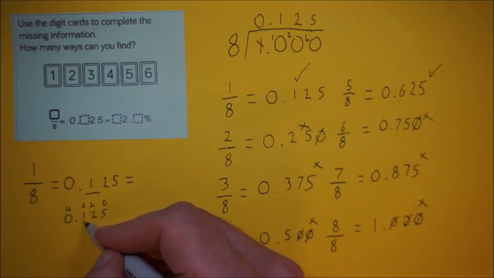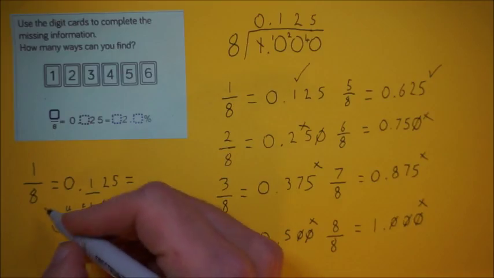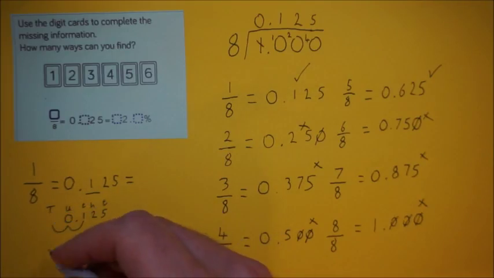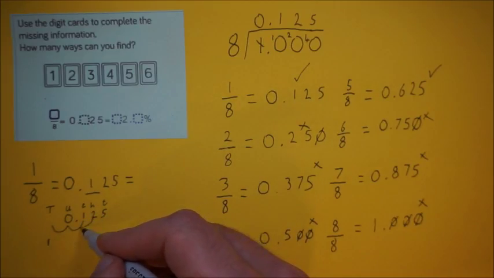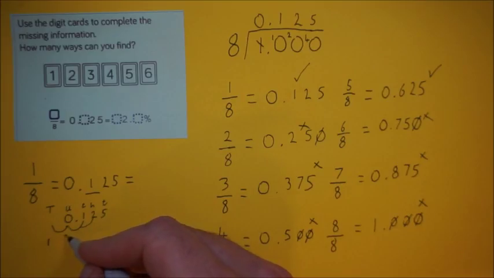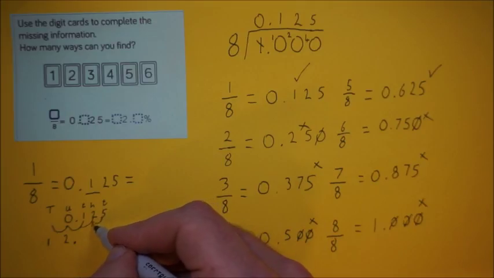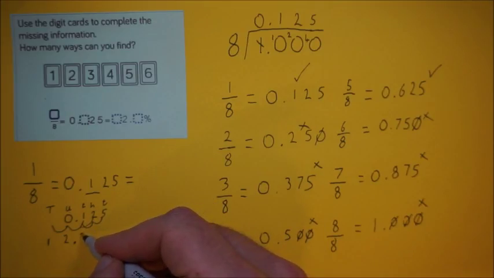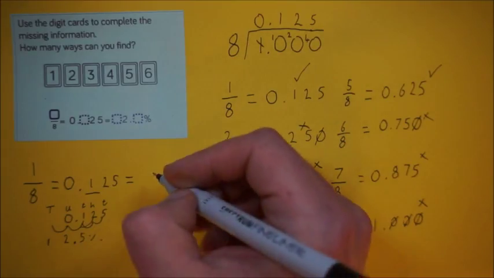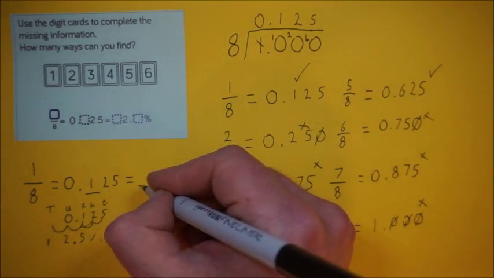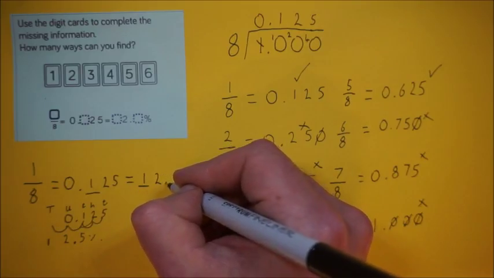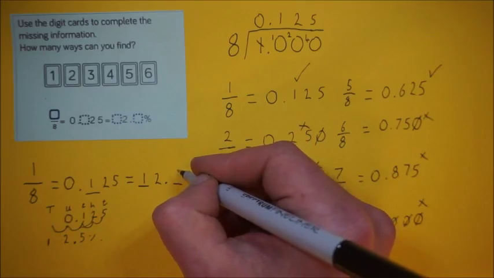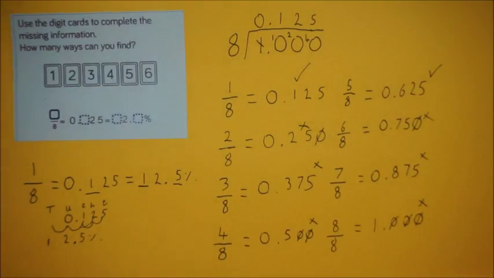So this 1 goes from the units into a brand new column, the tenths. So that 1 ends up here. The 2 follows it, so it goes 1, 2 to the units. The decimal place does not move. And the 5 is going to go 1, 2 to the tenths. So my percentage value, I think, is 12.5, and I'm going to drop the 1 in there, the 2 in here, decimal place, and my next number is 5%. And that, I believe, is correct.